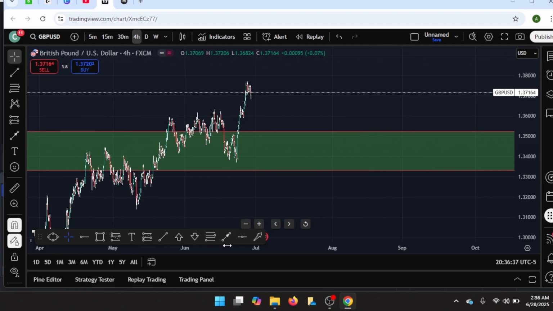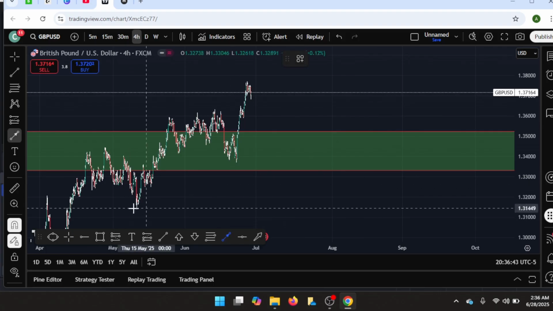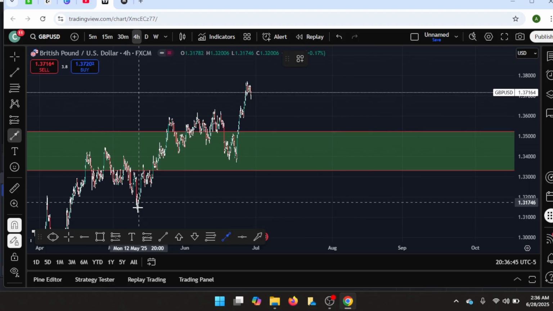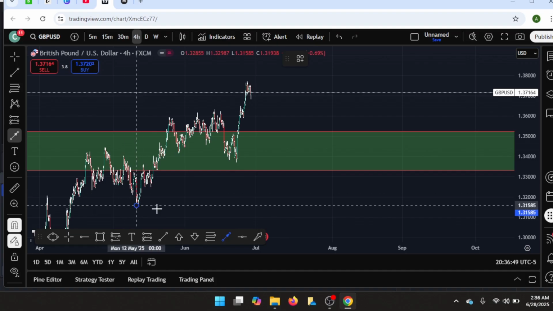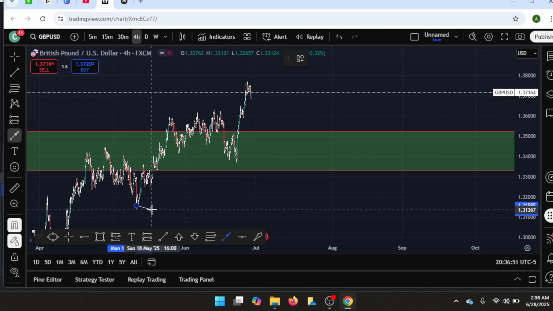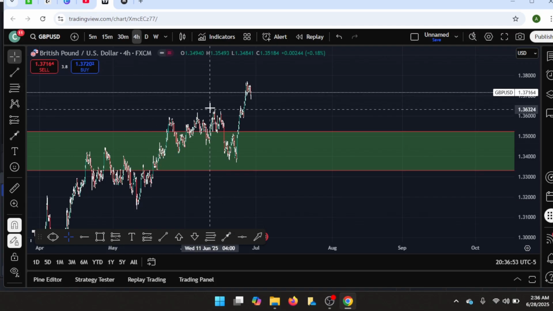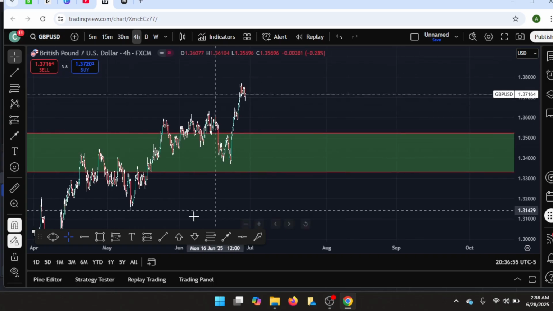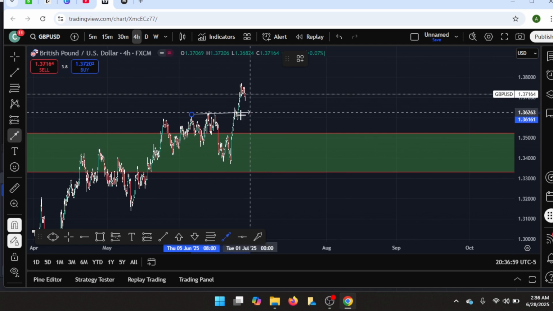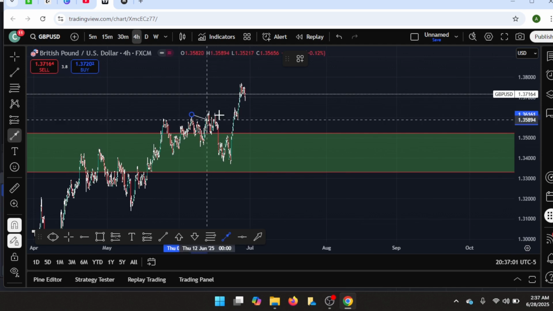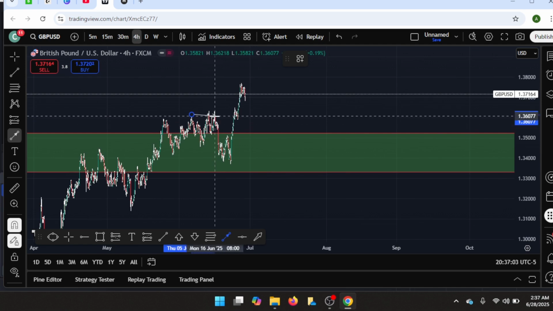Look at this. In the 4 hours, we are trying to get a structure. This was where the previous structure starts. This is the low of the previous structure, this area. And this was the high of the previous structure in the 4 hours time frame.